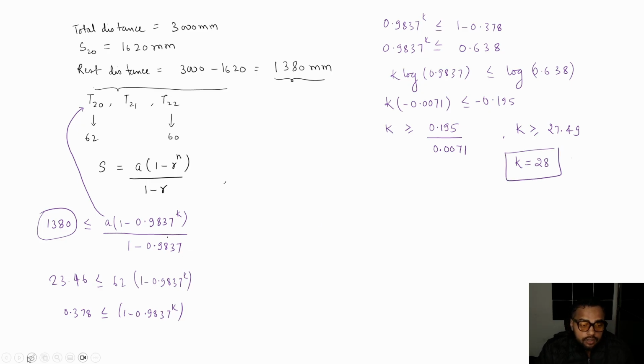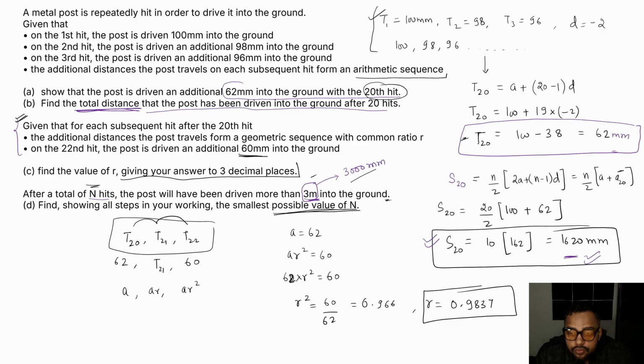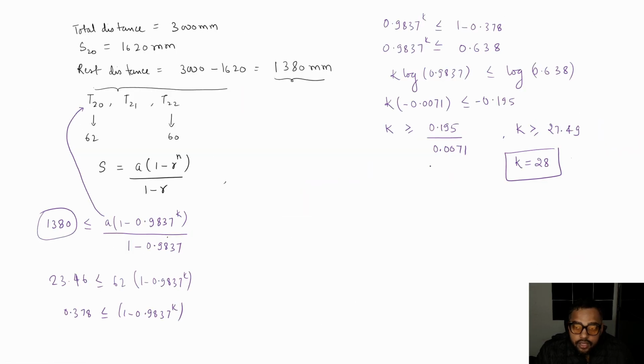Okay, now come back to the question again, students. We have seen that up to the 20th hit it was all sorted. Now we have calculated the number of hits required for the rest of the 1380 millimeter distance. So we can say that the total number of minimum hits will be equal to 20 from the first term, and for this we have calculated 28, so it will be 48 hits.